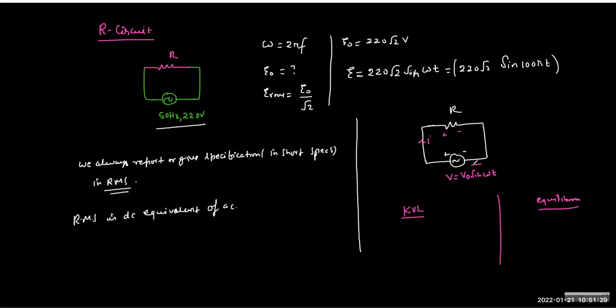Let's say we start from here. You go from minus to plus, so you go high, you add the value V, then you subtract IR, and you become zero because it's a full circle.